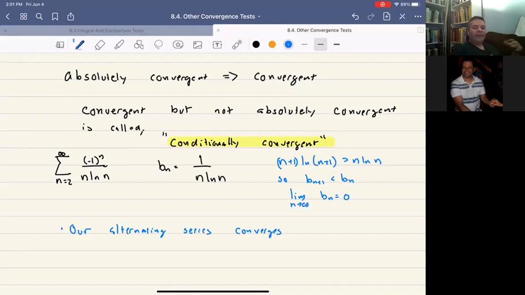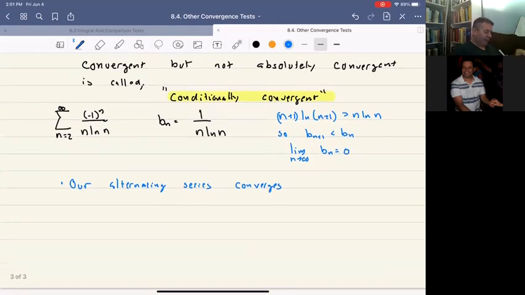What about, is it absolutely convergent? Now, you know by the context of the question that it's not, but why not?